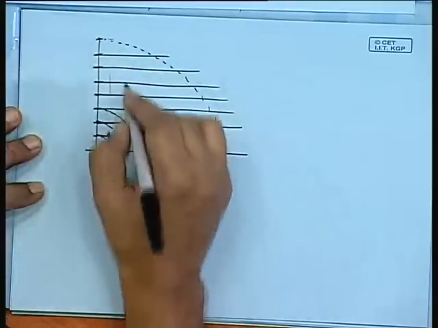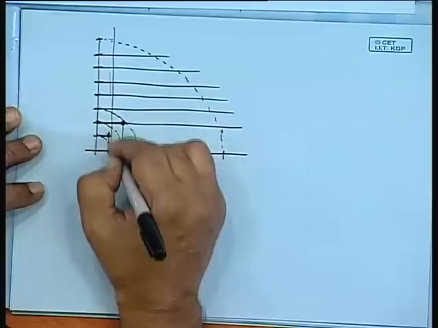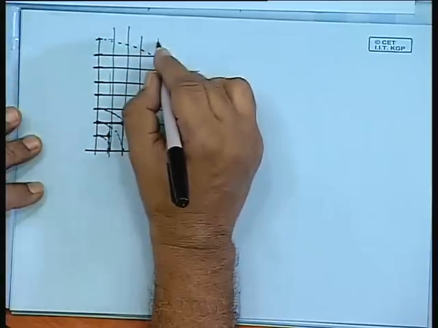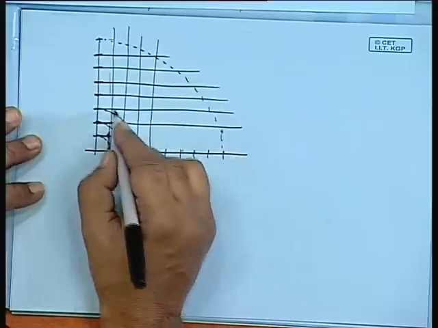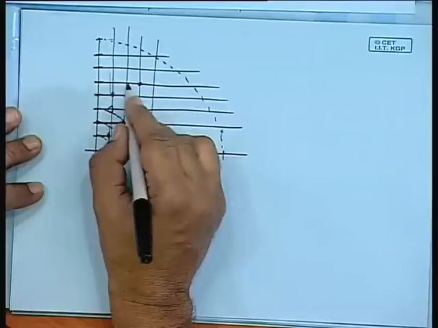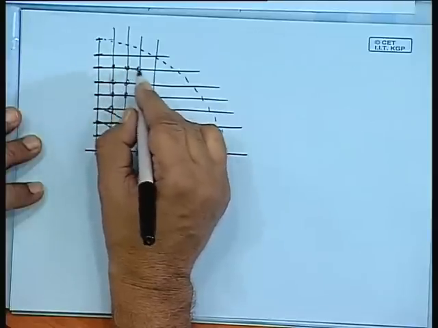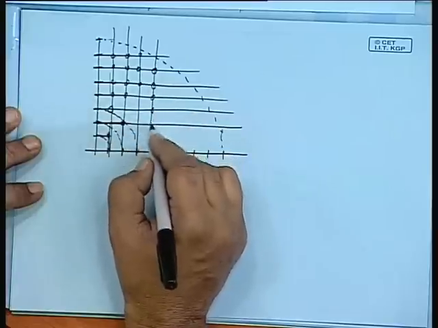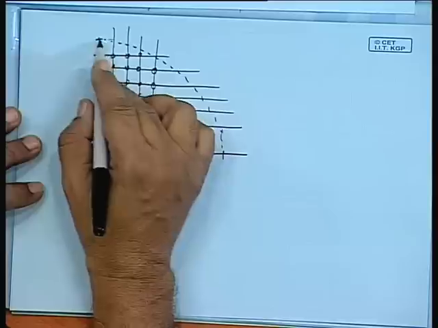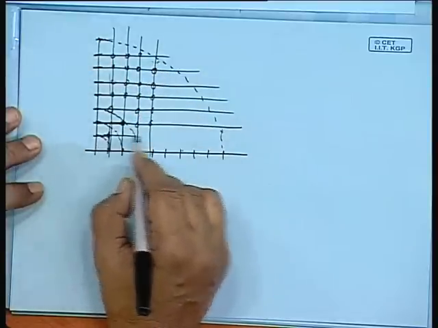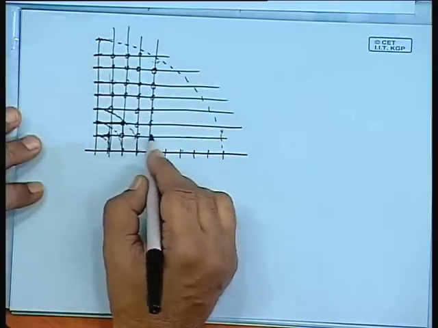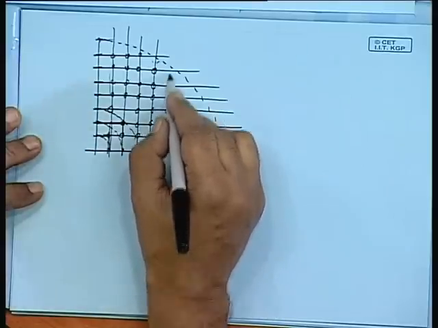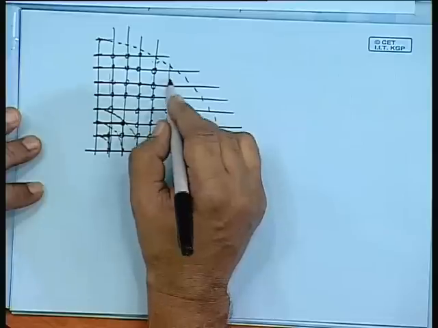It is bounded by this, that is all. So, these are the grid points. It is a uniform grid. Only thing, it does not exceed this value. And so on. Okay.